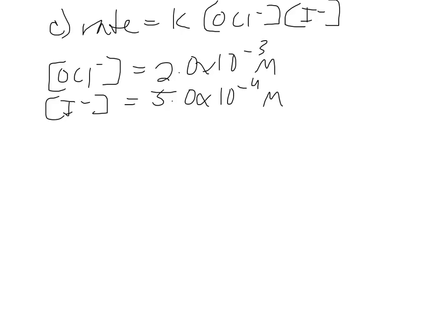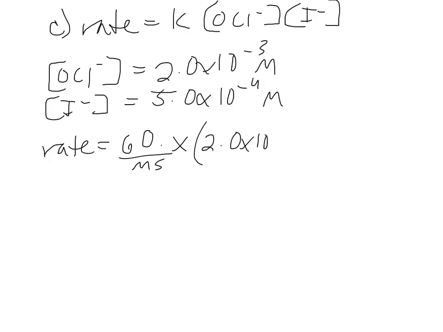So if we fill in our blanks here to solve, the rate equals k, which we just found to be 60, and the units were per molar per second, times the concentration of OCl minus, which is 2.0 times 10 to the negative third molar, times the concentration of I minus, which is 5.0 times 10 to the negative fourth molar.